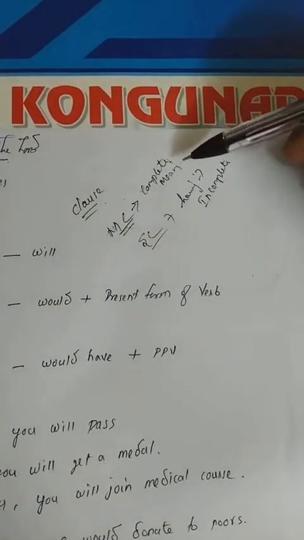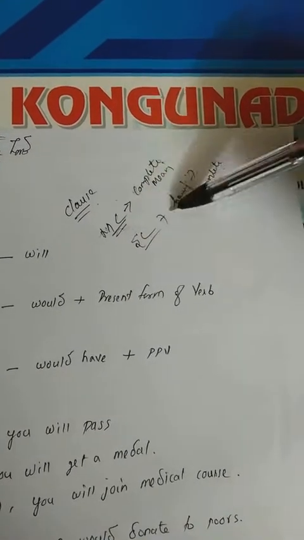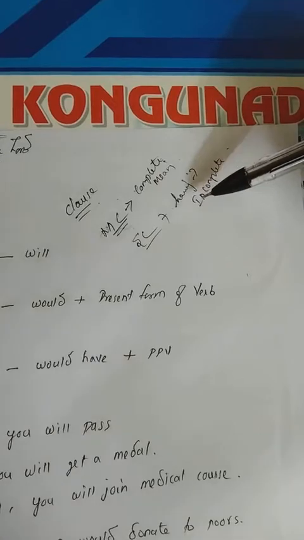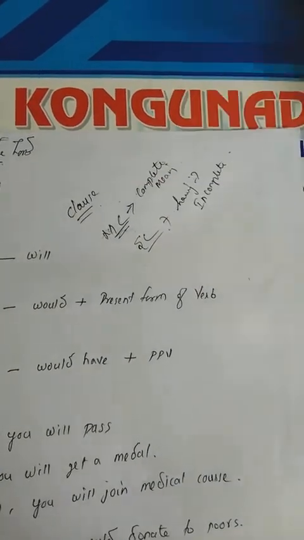The main clause gives a complete meaning, whereas the subordinate clause gives you only half. That means the meaning will not get completed. So that we call it subordinate clause and main clause.